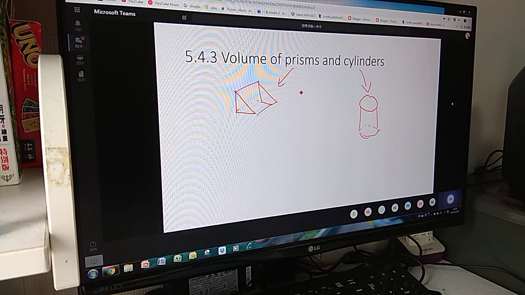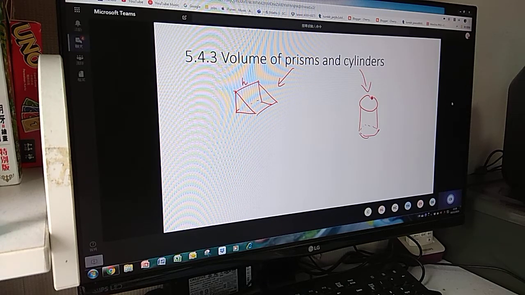Okay, so as I said before, the volume will be equal to the base area times the height. So for this prism, you have to calculate the area of the triangle base, then multiply the area times the height, that is h.